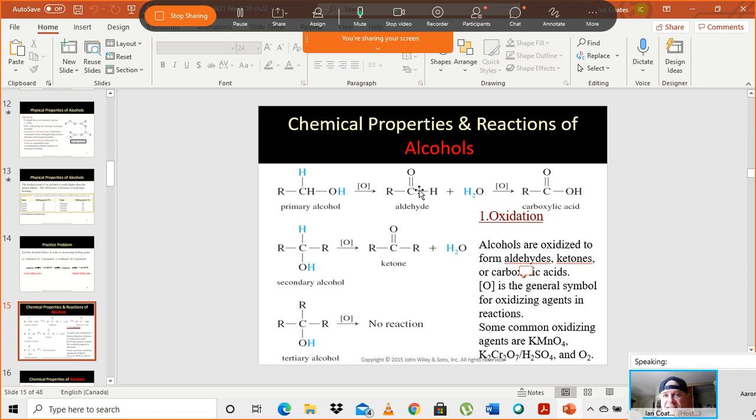A secondary alcohol is in the middle, so that's why you only get the ketone. And a tertiary, nada. There is no oxidizing this. So that's why we've gone into primary, secondary alcohols, and their reactions. You will see this slide again, so put a little asterisk there. You'll see it throughout the assignment, and you'll see it on the test for sure.